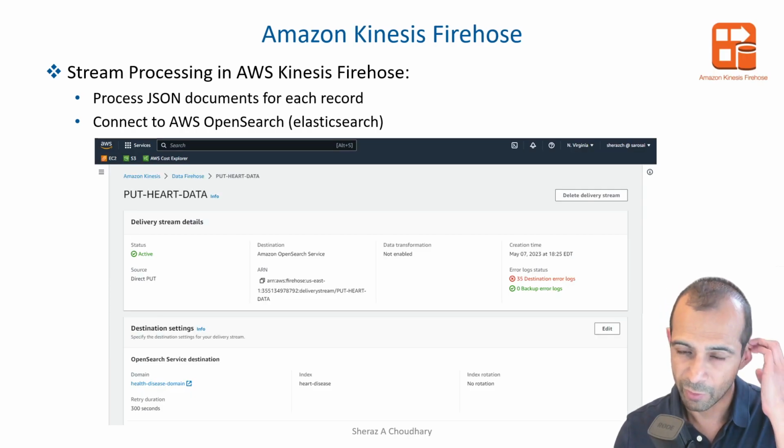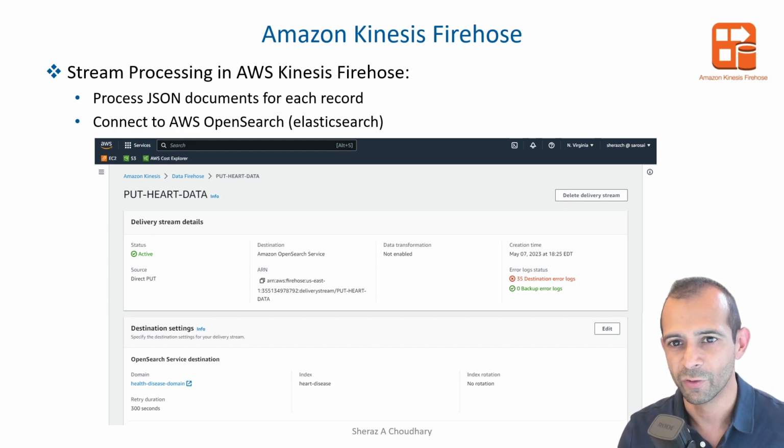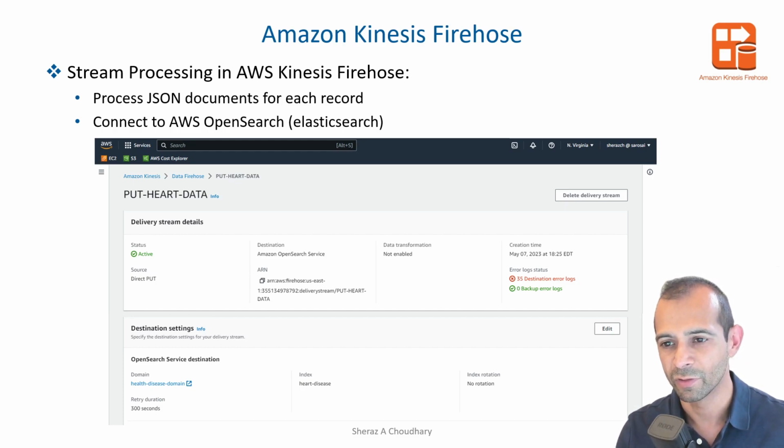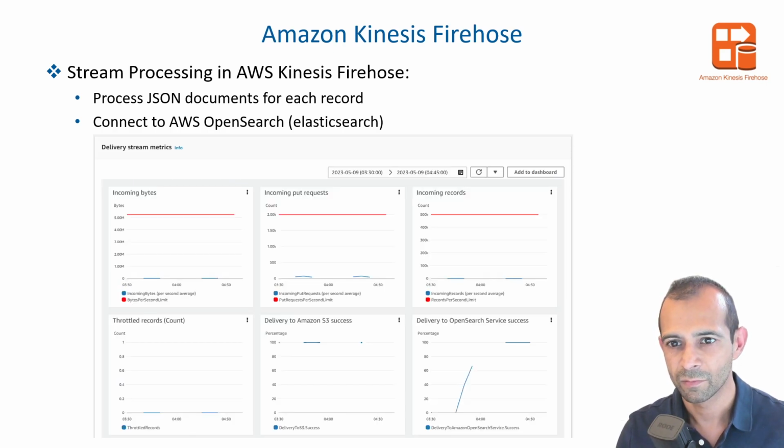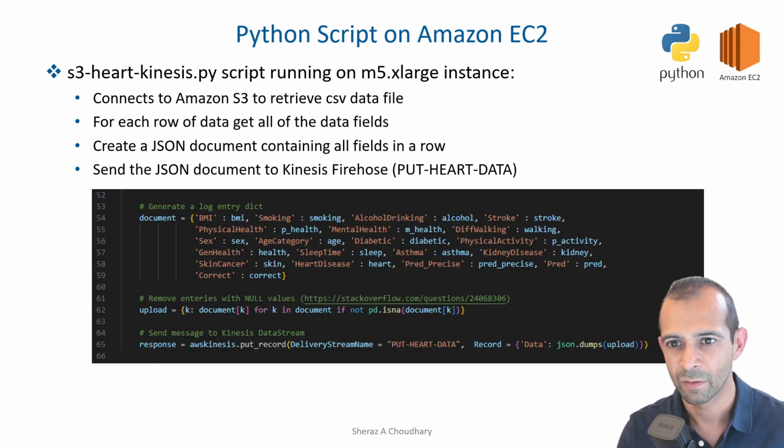As I mentioned, in order to get the data into OpenSearch, I used Amazon Kinesis Firehose. Its destination is the index in OpenSearch, and Kinesis Firehose will be passing JSON objects. Here you can see the various statistics for monitoring how the data was being loaded into OpenSearch during the run.